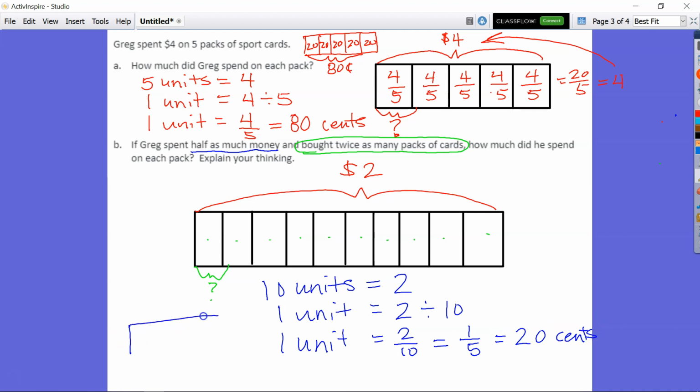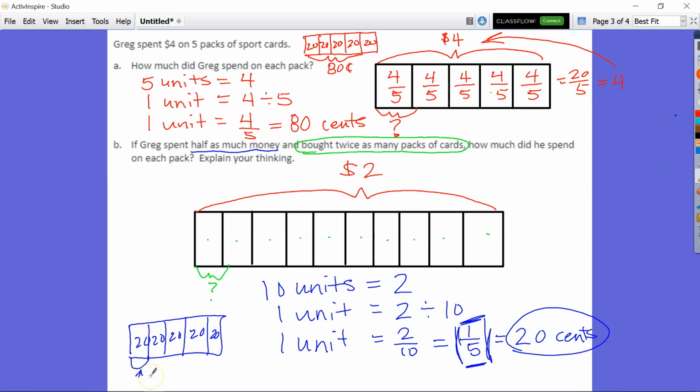Remember, if we had a dollar, split into 5 parts, 20, 40, 60, 80, $1. 1/5 would be what we're looking at here, which is our 20 cents.